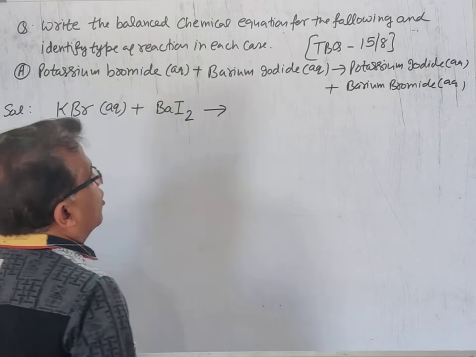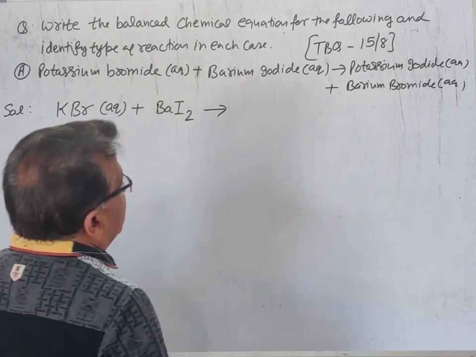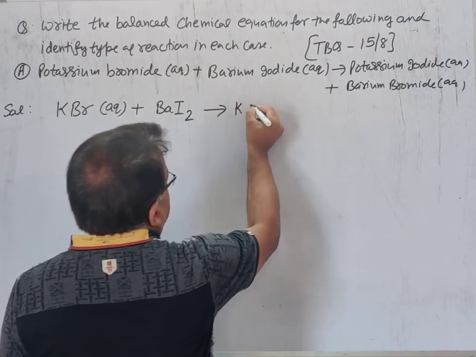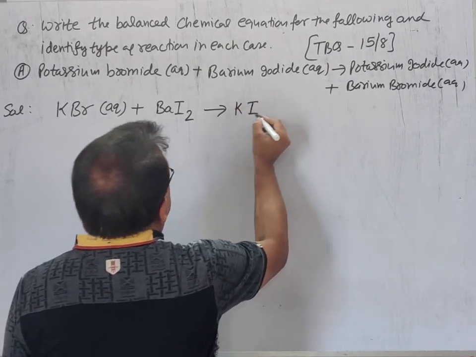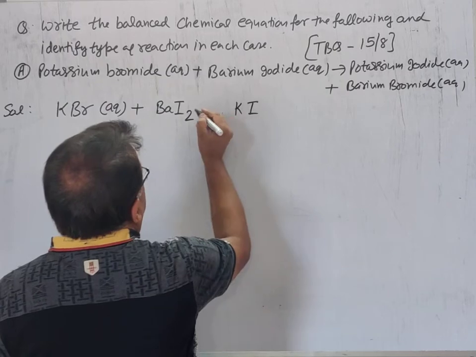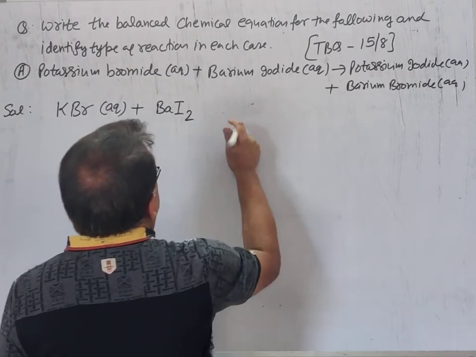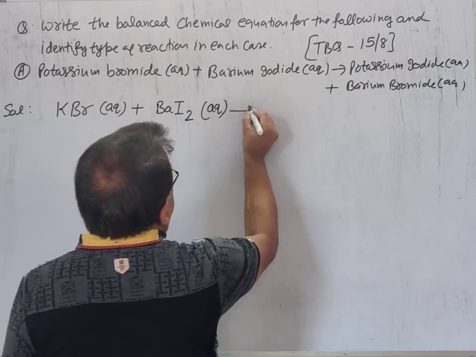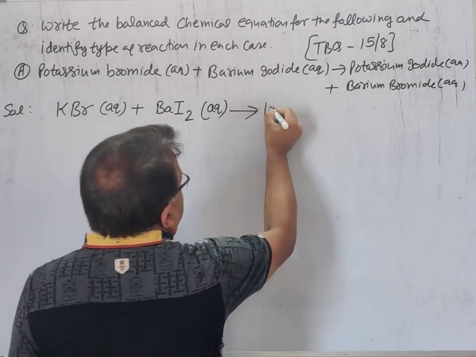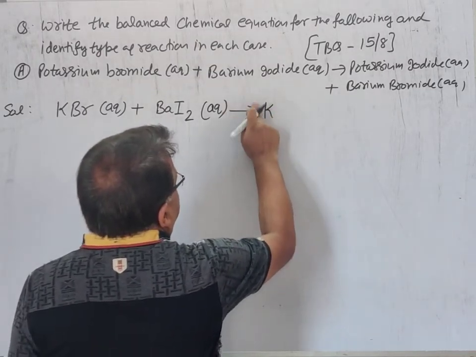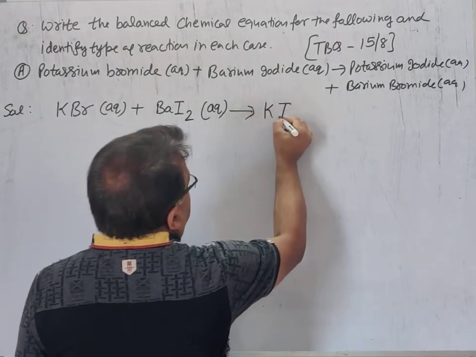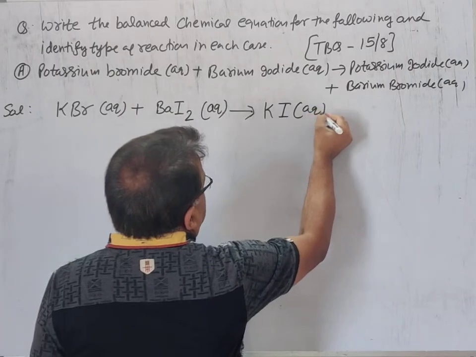Gives potassium iodide, K is potassium, I is iodide, which is aqueous.